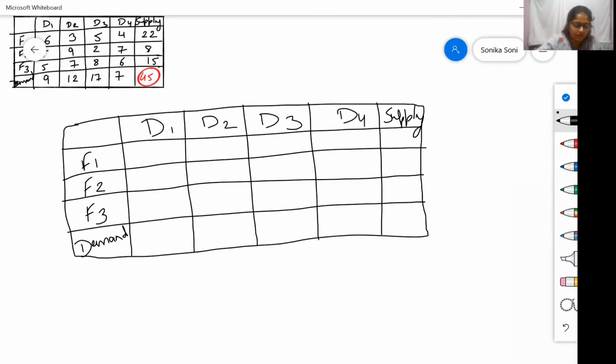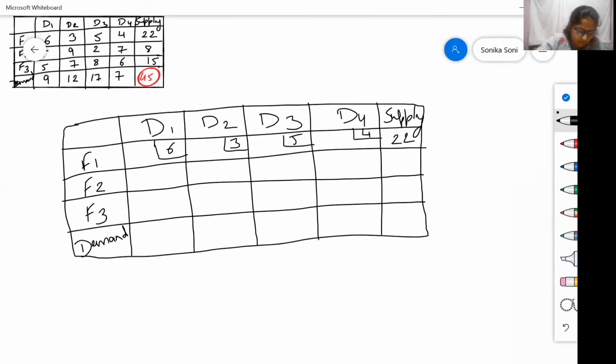Now we have all the costs, we have to write in the smaller boxes, which means for F1 D1 it is 6, for F1 D2 it is 3, for F1 D3 it is 5, for F1 D4 it is 4, and supply is 22.